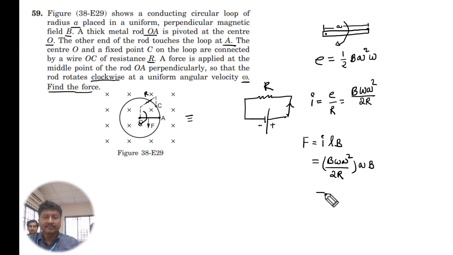That gives B squared omega A cubed by 2R. This is the magnitude of the force exerted on that.